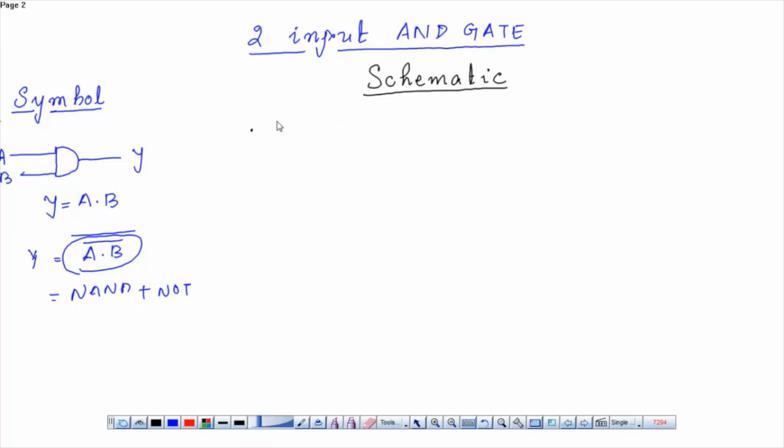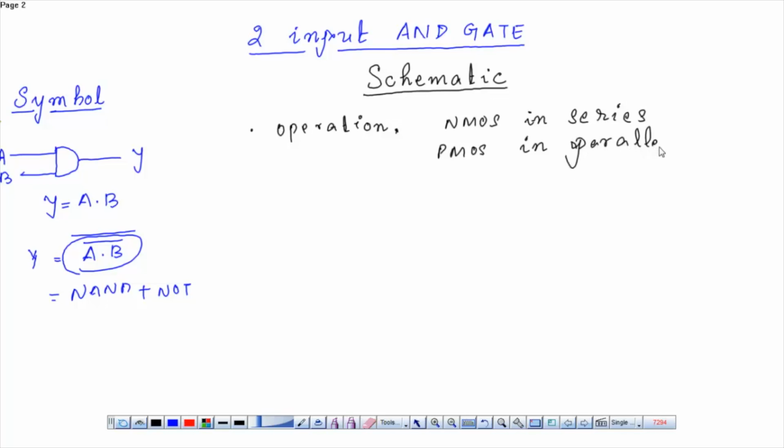If it's a dot operation, then we all know that we have to place the NMOS in series and the PMOS in parallel.